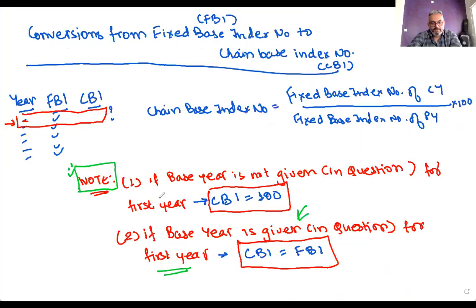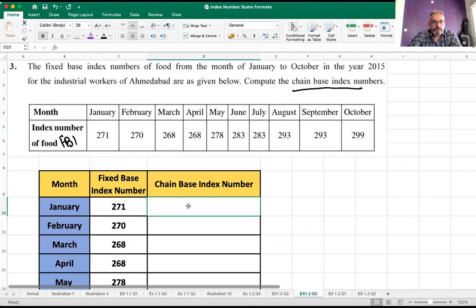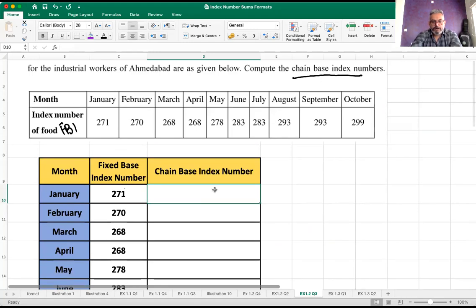You can see 100. If base year is not given for the first year, CBI is equal to 100. So for the first year, you take it as 100.